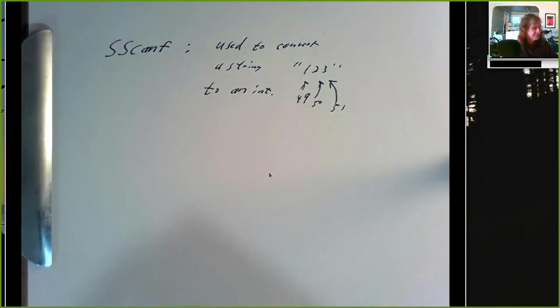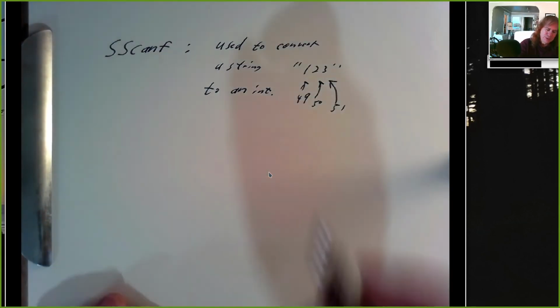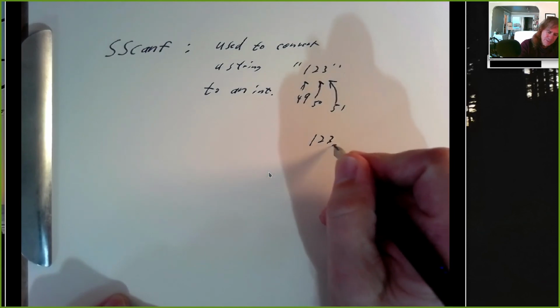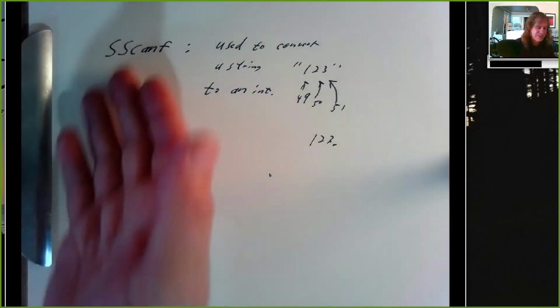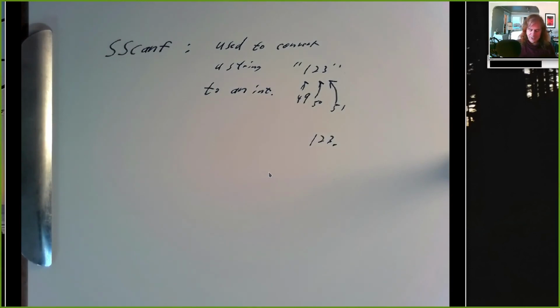So this is not at all what we mean when we say, is this thing bigger than 4? So we need to convert this to the actual number 123, right? So 64 plus 32 plus some change at the end. So an integer containing mostly zeros and then a few ones towards the least significant side. So that conversion, that's what scanf does, right? And how does it do it?